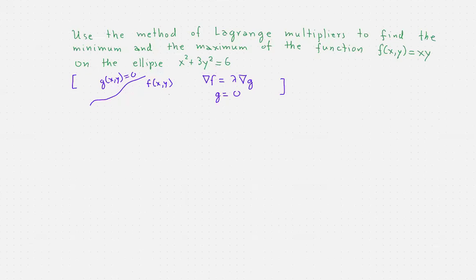We begin by defining a function that describes the constraint, that gives us a level curve of it, the actual constraint. So we define g of xy to be equal to x squared plus 3y squared minus 6.